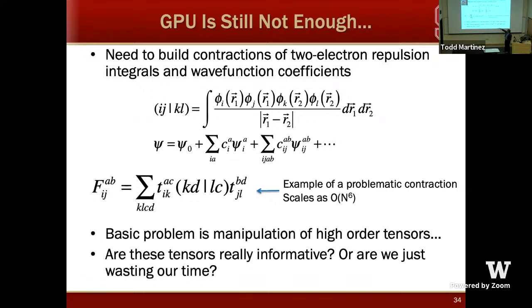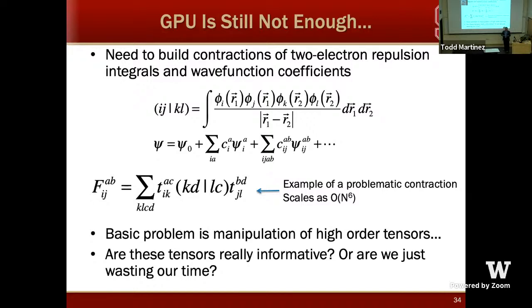So I have 2 indices for the coefficients of the single excitations. I have 4 indices for the coefficients of the double excitations, right? And then the problem is that I'm going to have to manipulate these tensors. So I'm going to have lots of objects which are arrays, if you want, with 4 dimensions or even higher, and I'm going to have to manipulate them, and then contract them, right? So I'm going to have to take sums over these.